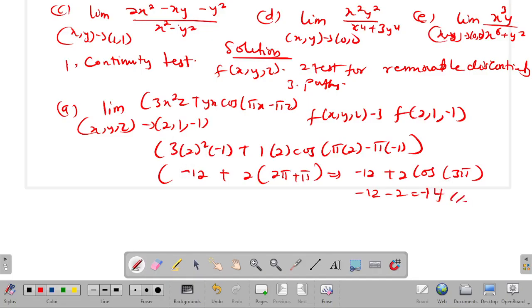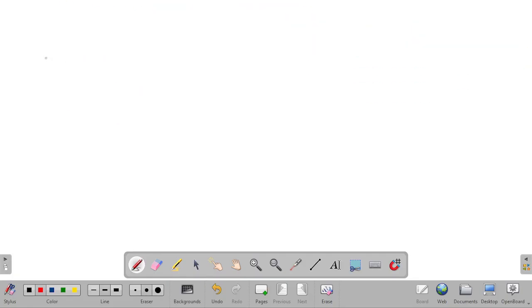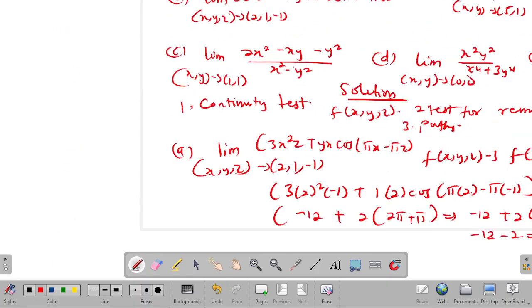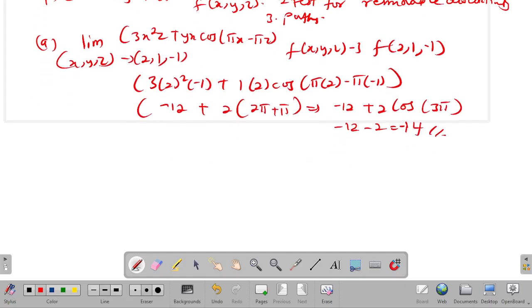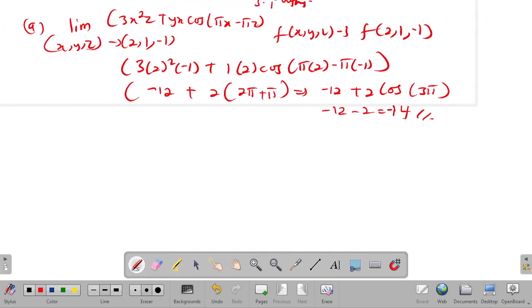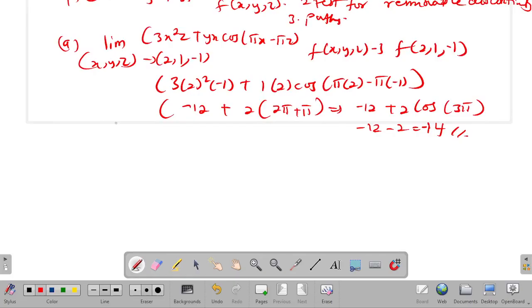So let's check the second problem. Limit as x, y approaches 5, comma 1 of the expression xy over x plus y.